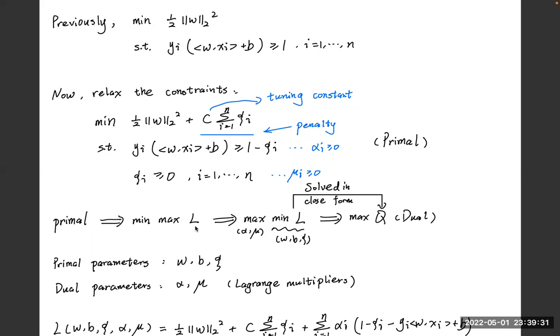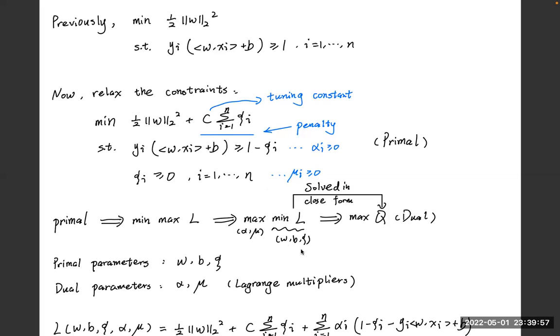That will be the Lagrangian. Then our next step is to switch the order of min-max to max-min, so that we minimize this Lagrangian with respect to the primal parameters w, b, and psi. So psi consists of all those psi_i bigger than or equal to 0 for i from 1 to n.